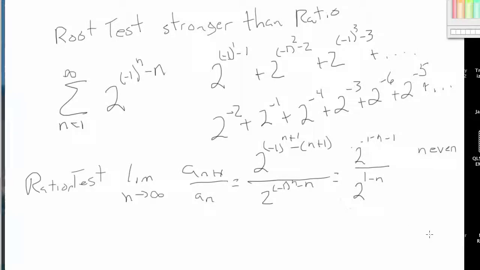And if n is odd, then I have 2 to the negative 1 minus n minus 1, because n plus 1 is now even. That's not negative 1, that's 1. Divided by, n is odd, so now 2 to the negative 1 minus n.